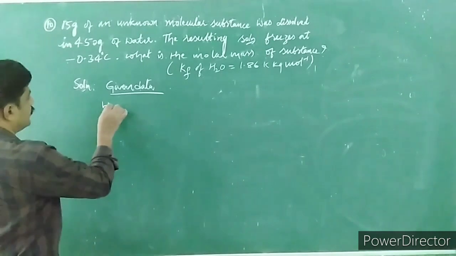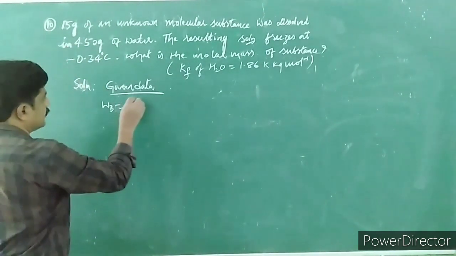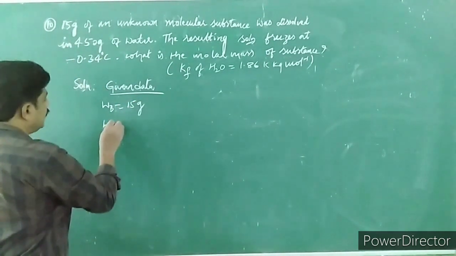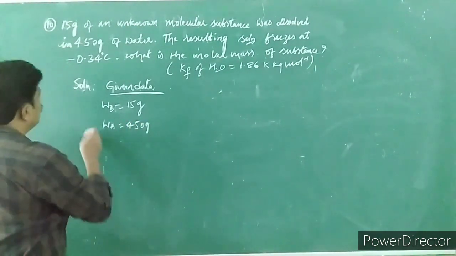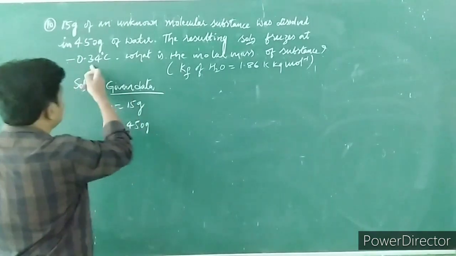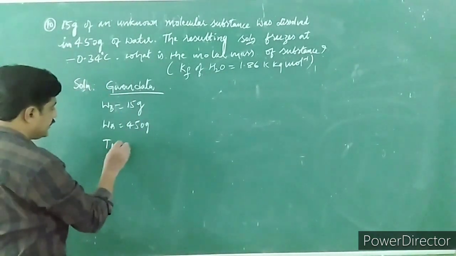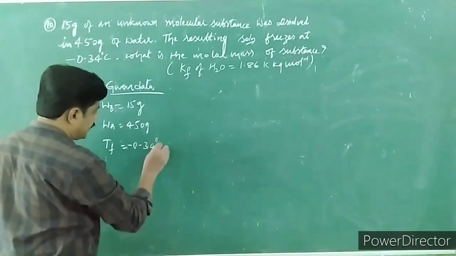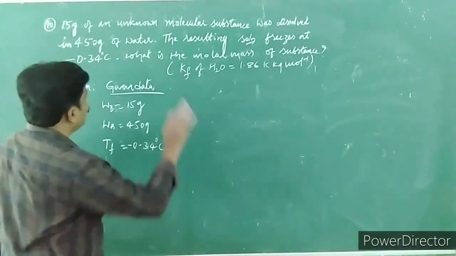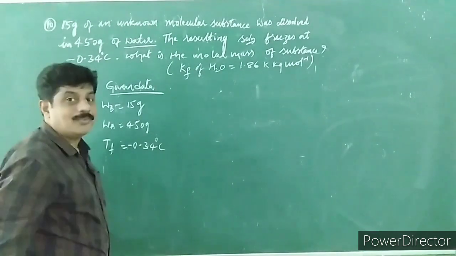So WB is given how much? 15 grams. WA is given how much? 450 grams. Freezing point of solution is given. That means Tf is given how much? Minus 0.34 degrees Celsius. One hint is given. What is that? Solvent is water.